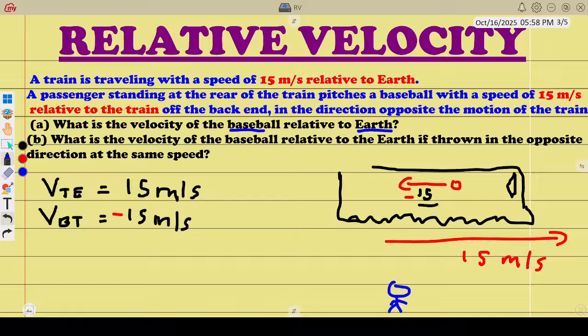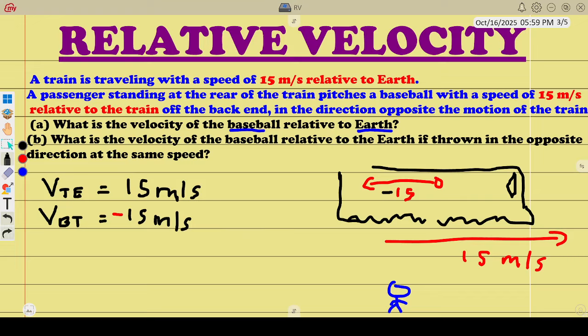The train is moving forward, velocity is 15. And then the ball was thrown in the opposite direction, and the velocity is also 15. But since it's in the opposite direction, we're going to give it a negative. No wonder we have a negative here.